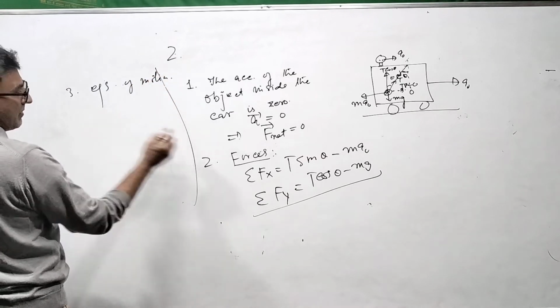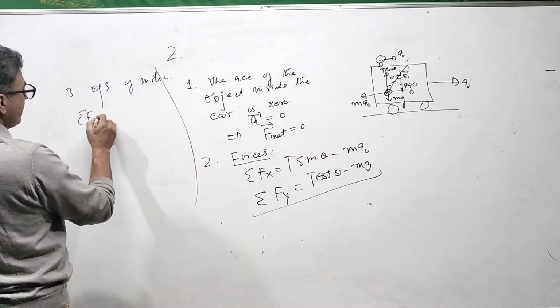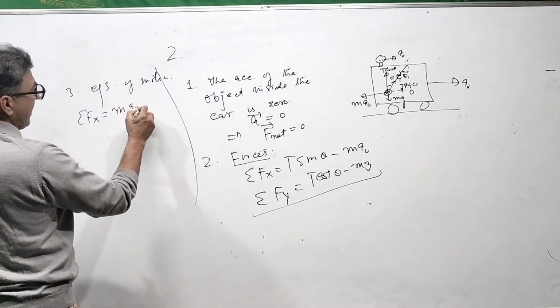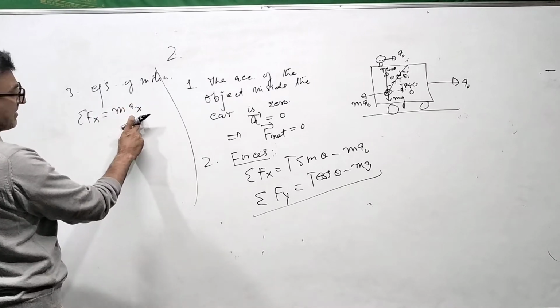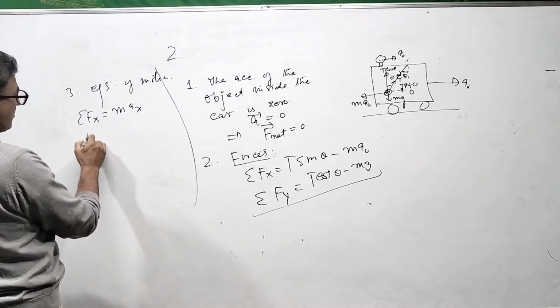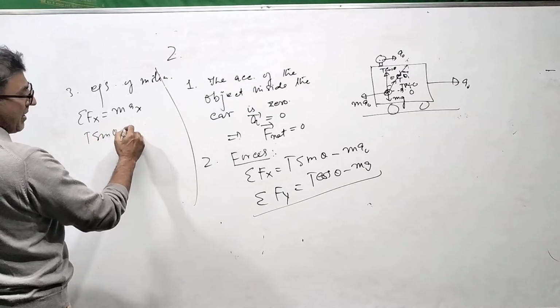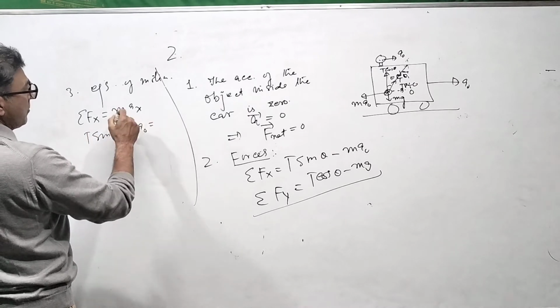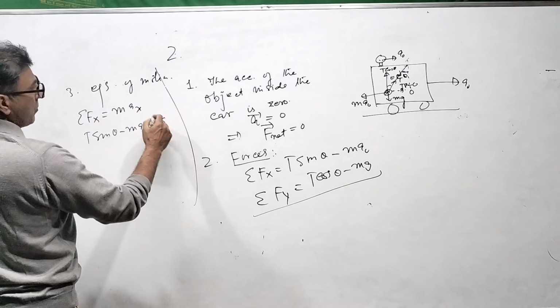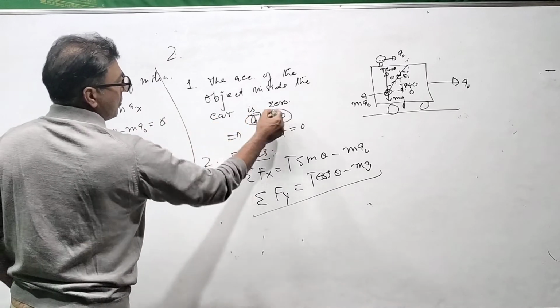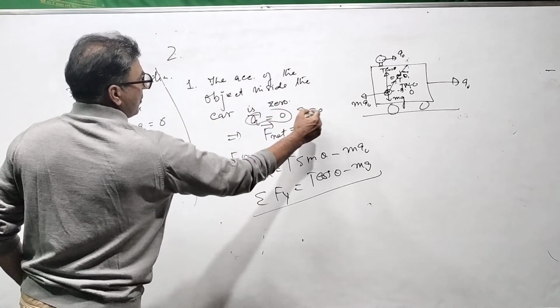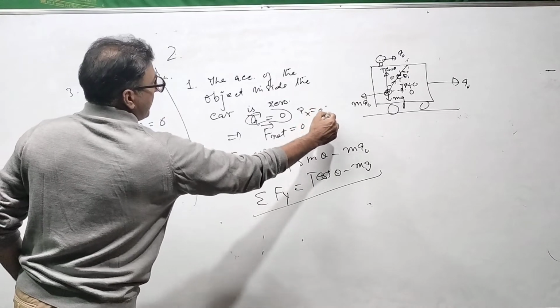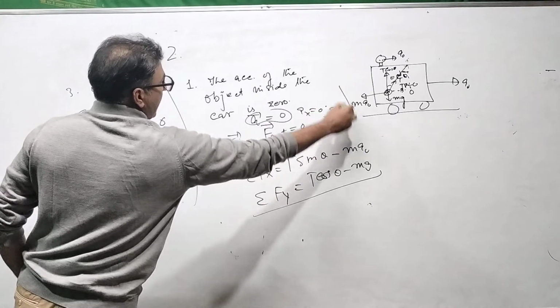He will write sigma Fx is equal to m ax, mass into acceleration in the x direction. That is sigma Fx is T sin theta minus MA0 is equal to m into ax, that is 0, because when net acceleration is 0, the ax component is 0 and the ay component is 0.